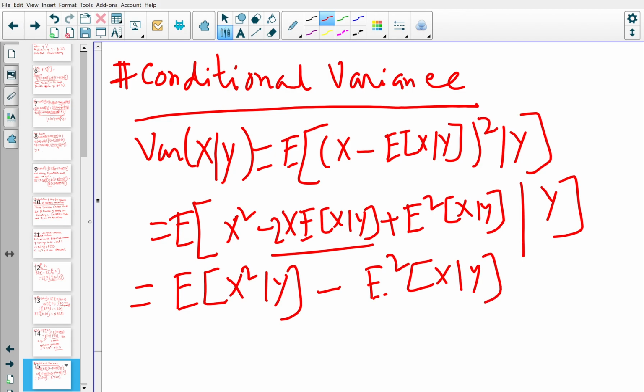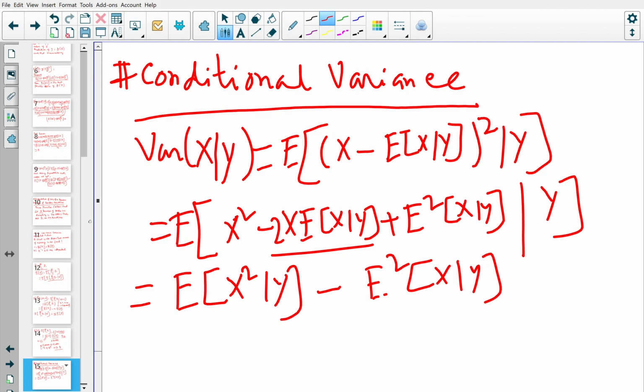Clear? So now you remember the formula for unconditional variance was expectation of x square minus expectation of x whole square. So here you have only that given condition. Clear?